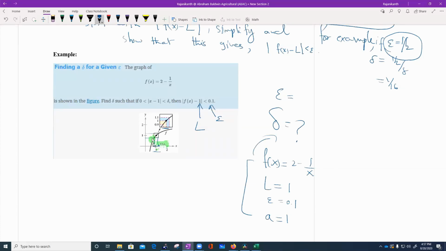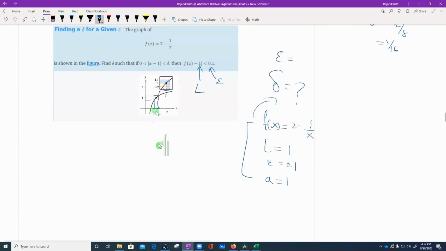Okay, right? How are you going to find these two distances, or in other words, these two x values? Yes, I could find these two x values, right side and left side of 1. The x values can be found by using the above and below function values, because you know the f(x) formula, right?